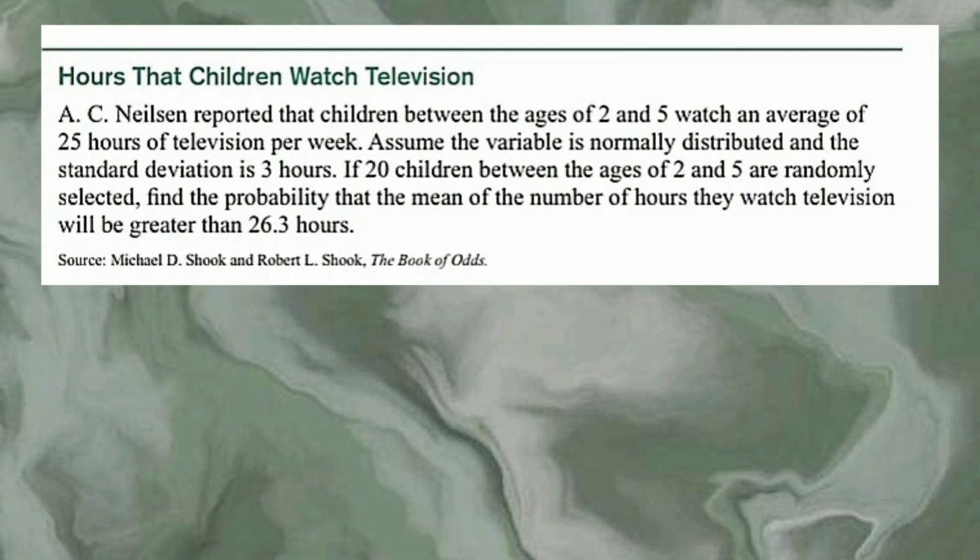Assume that the variable is normally distributed and the standard deviation is 3 hours. If 20 children between the ages of 2 and 5 are randomly selected, find the probability that the mean of the number of hours they watch television will be greater than 26.3 hours. So first, we have to write the given in the problem.